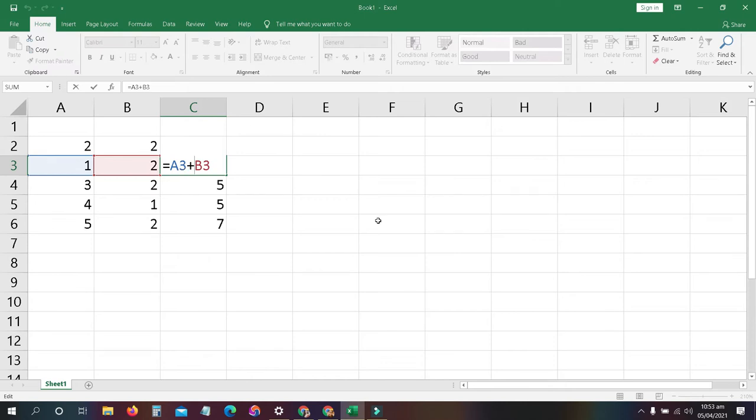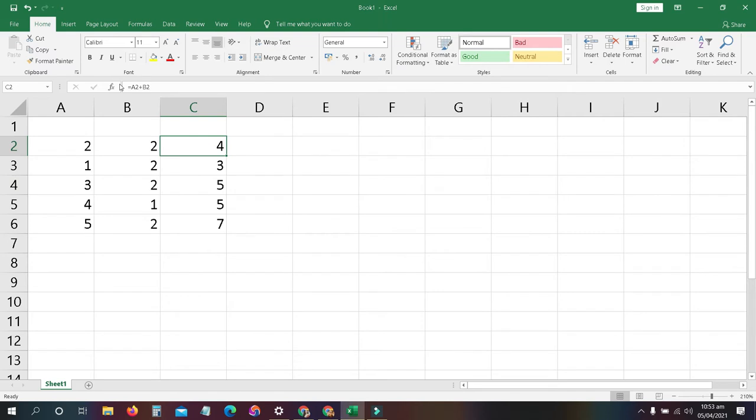So here it's A2 plus B2, and this one becomes A3 plus B3. If you have noticed, when we apply the formula to the rest of the cells, there's a plus one in each cell. So the A2 becomes A3, then A4, A5, and so on.